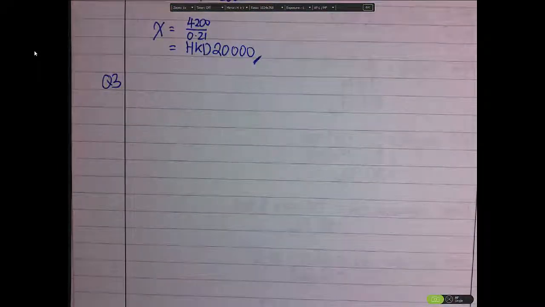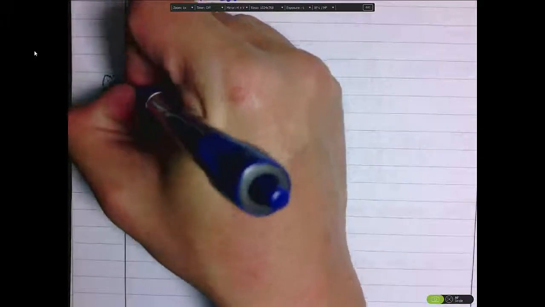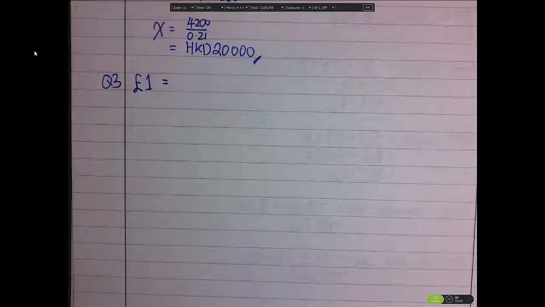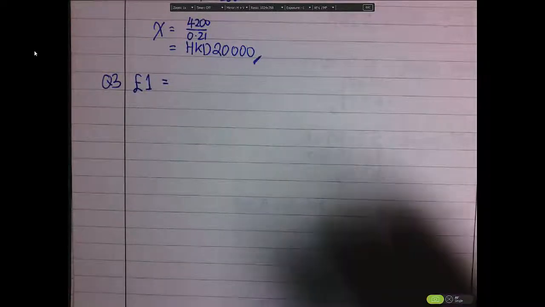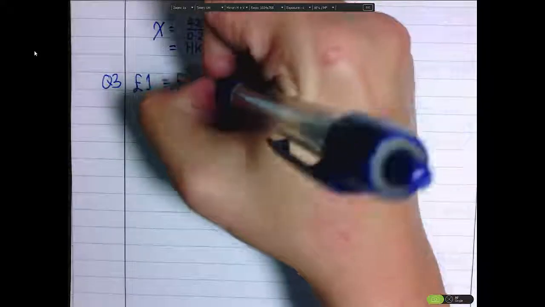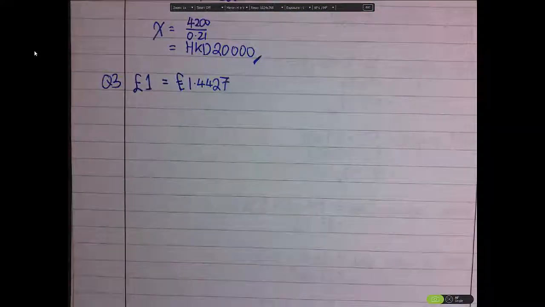Now I move on to question 3. Read the question yourself. Basically, the British pound and euro: 1 pound is equal to 1.4427 euro.